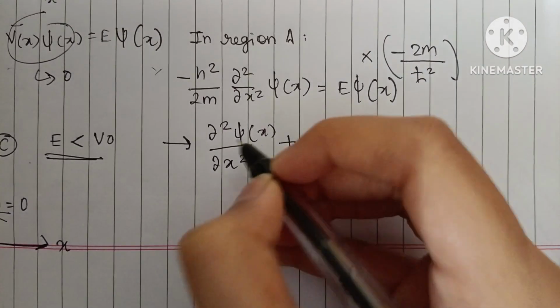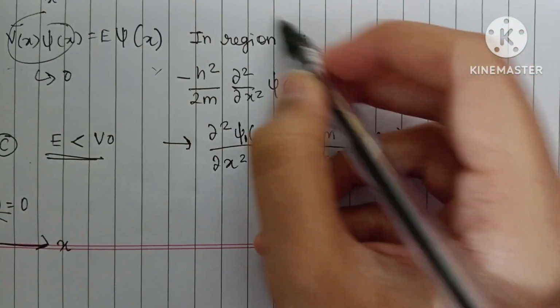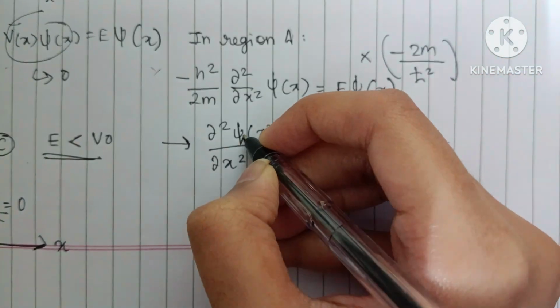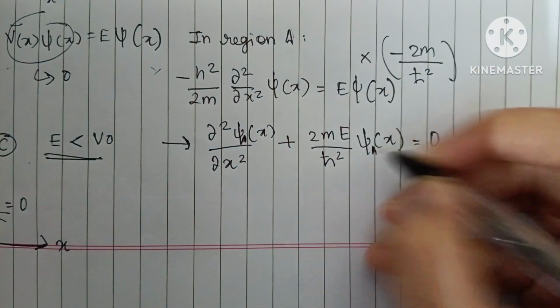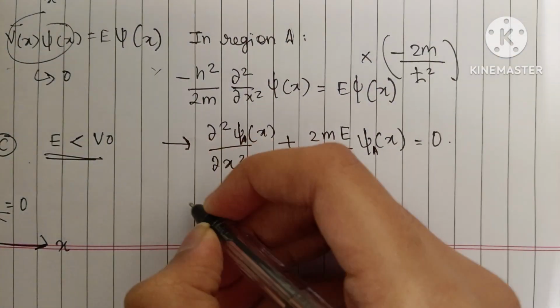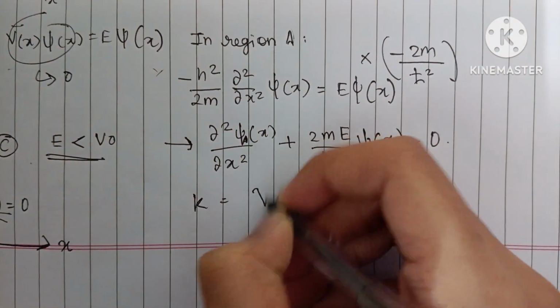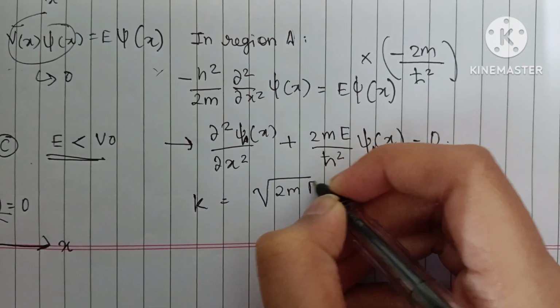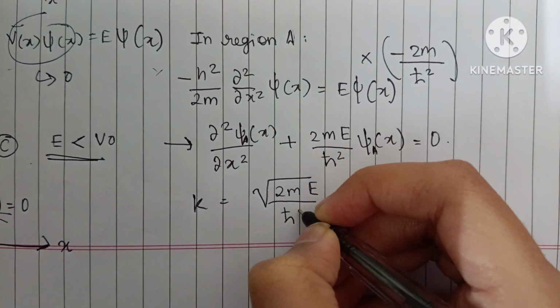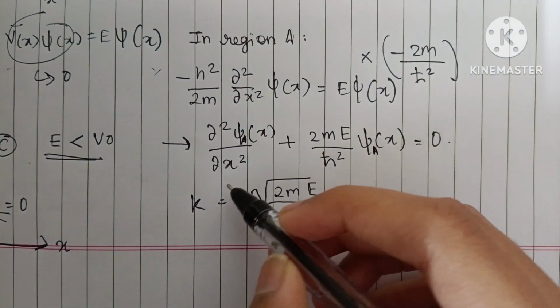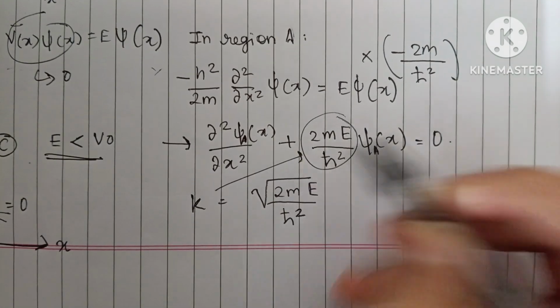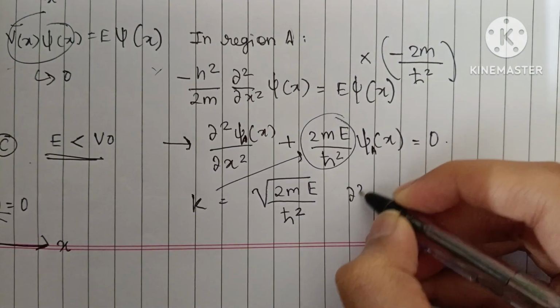And this will be 1 because we're talking about region A. We know that k is equal to root of 2mE by h bar square. So we replace this by k and it becomes this.